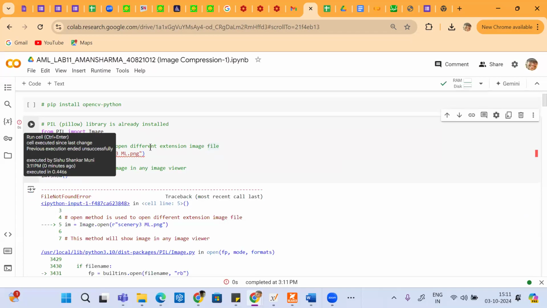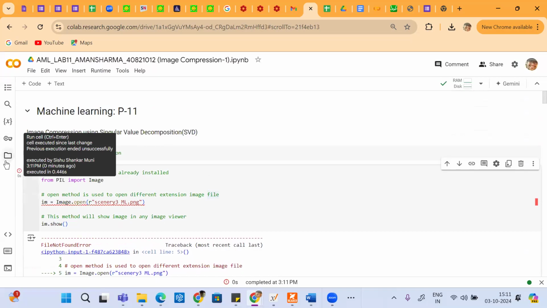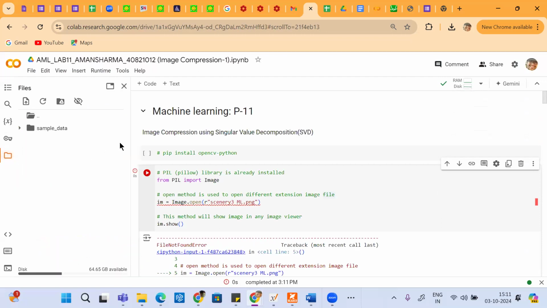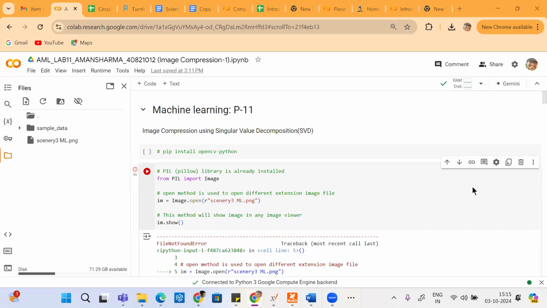It's loading. File not found. Sir, actually the file is not on this PC system. So now we have the image, as you see in the folder.